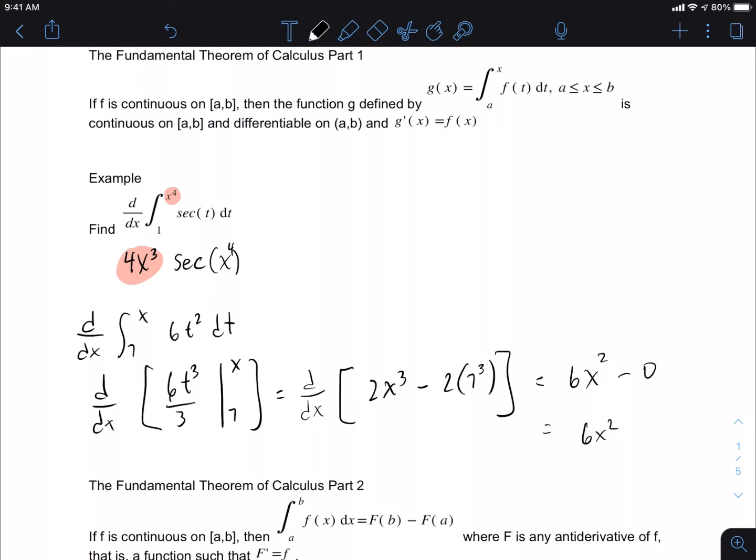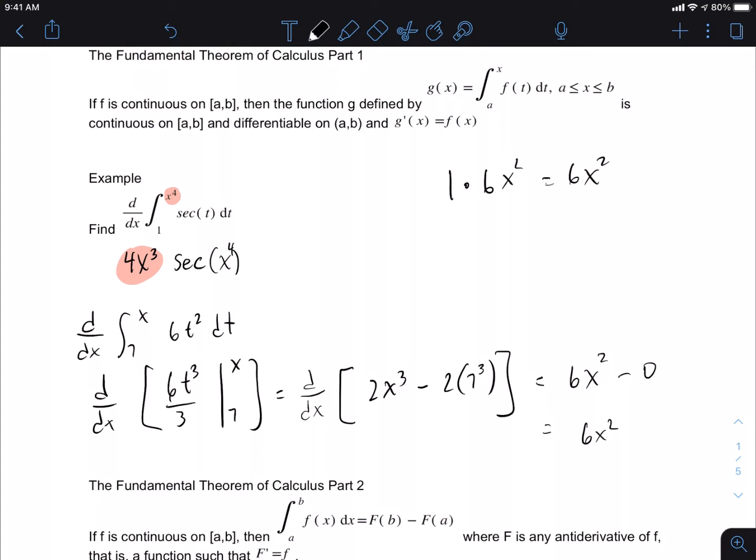That's the long way. Not all of these will you be able to have the techniques to integrate. So the easier way to do it is, what is the derivative of this? It's 1 times 6, but now I'm substituting t, I'm going to make it an x squared, and that becomes 6x squared.